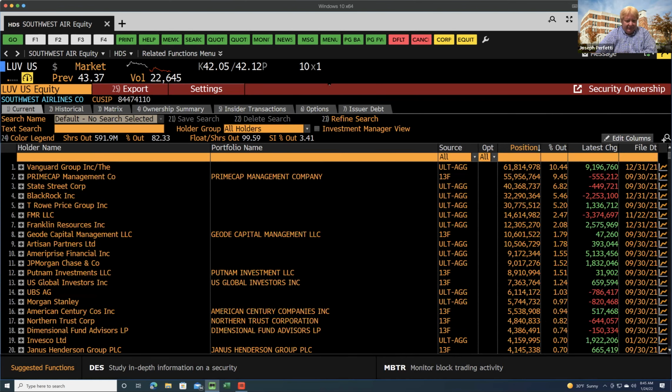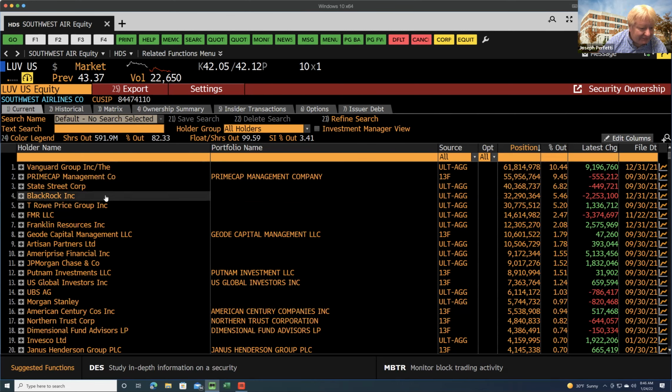So basically, here's what's important. 82.33% of Southwest Airlines shareholders are in this scrollable list. Top of the list, their largest shareholder, which is Vanguard, which owns 61.8 million shares of Southwest Airlines stock, which represents 10% of the total ownership of Southwest Airlines.